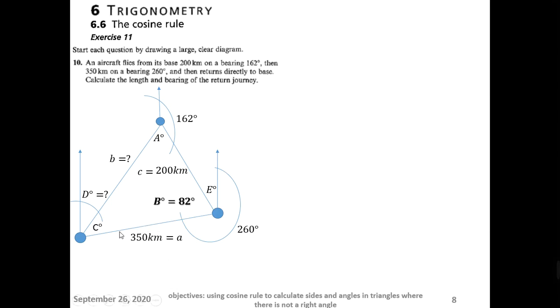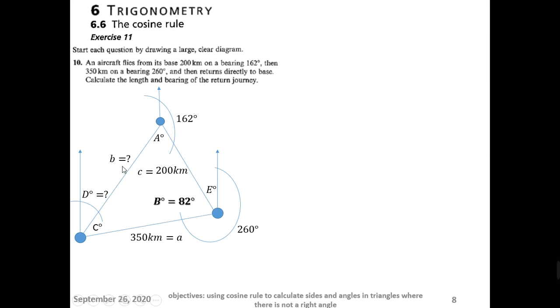Since we have side a, the 350 kilometers, and side c, the 200 kilometers, and the angle in between known, which is angle B, and it's 82, then we can find side b. And we're going to use the cosine rule.